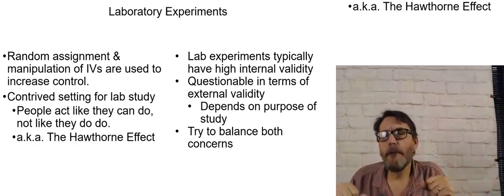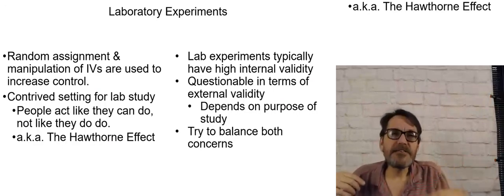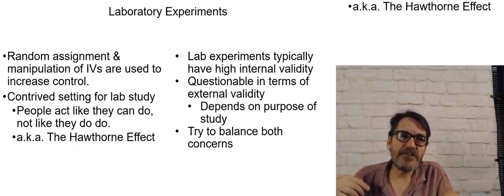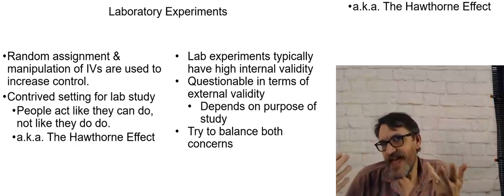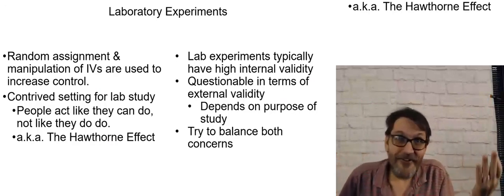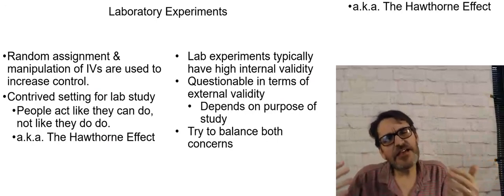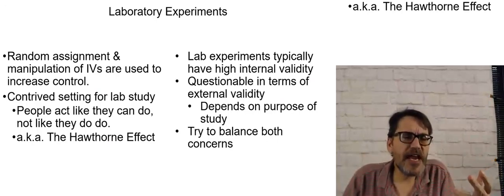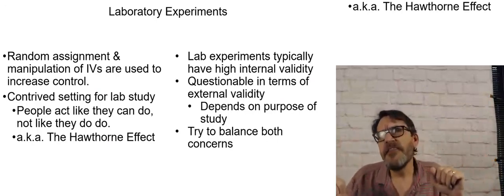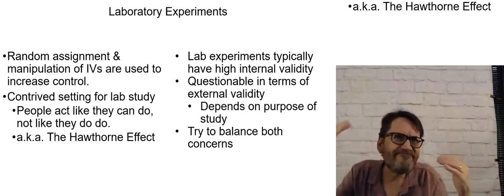But what happens is when participants come into research studies, they act weird because they're looking around. They're like, I wonder why I'm here. What do they want from me? And so in a laboratory setting, though you can control it better, the participants will not act like they normally act.